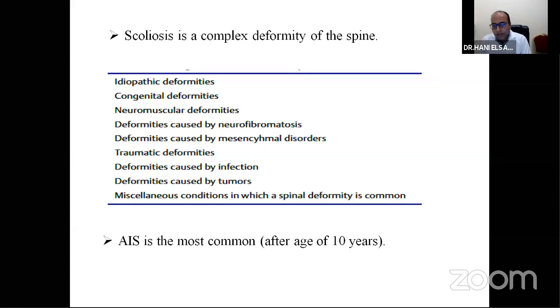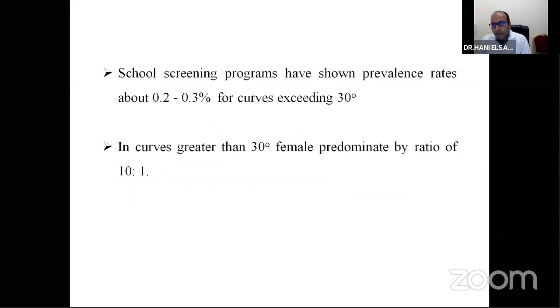Among these, AIS is the most common. It occurs after the age of 10 years. School screening programs have shown a prevalence rate of about 0.2 to 0.3% for curves exceeding 30 degrees. In curves greater than 30 degrees, females predominate by a ratio of 10 to 1 over males.